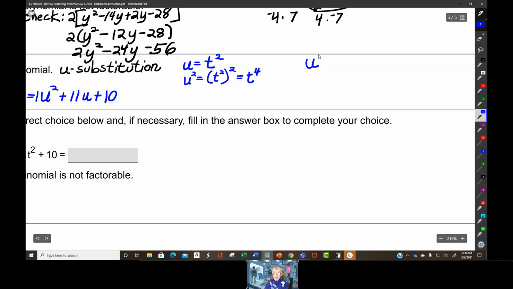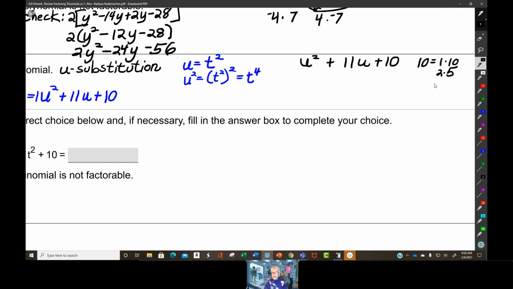So I'll have u squared, let me write in black so it's easier to see, blue has a kind of a glare, u squared plus 11u plus 10. Now 10 factors into 1 times 10 and 2 times 5, and that's it.